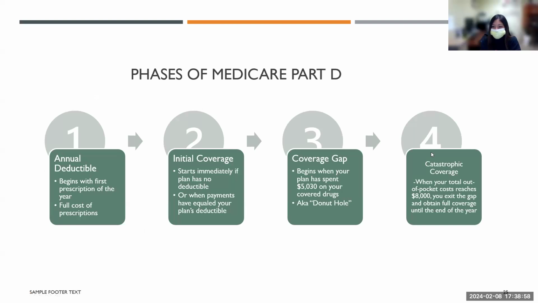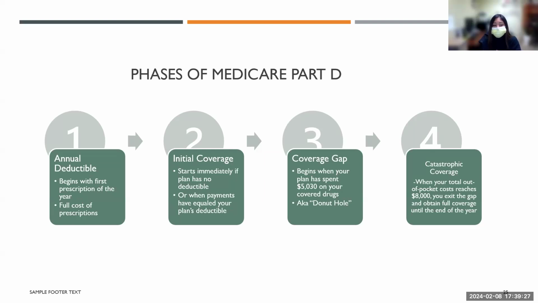Okay. And then moving on, this is a very important slide as we're talking about Medicare Part D. There are different phases throughout the year of Medicare Part D, starting with the first phase being your annual deductible. So at the very beginning of the year, when you first get your insurance, you will begin paying your annual deductible with your first prescription of the year.